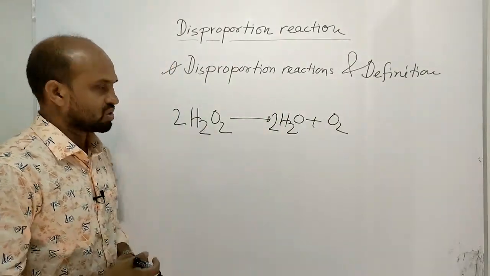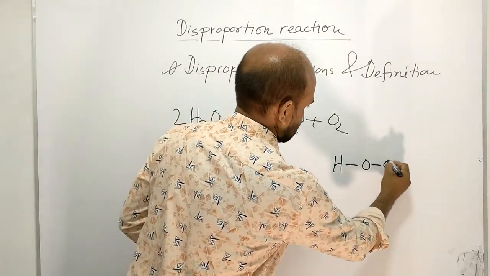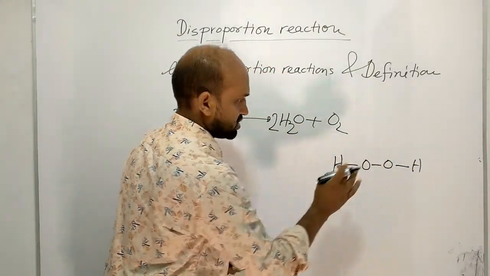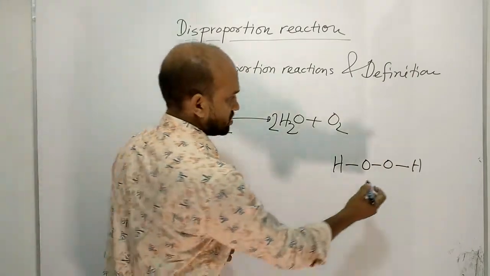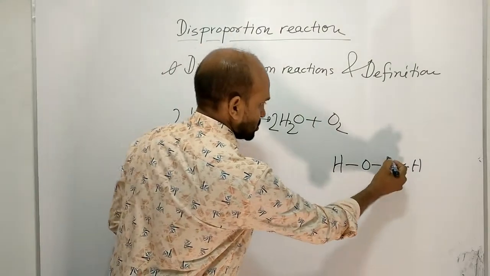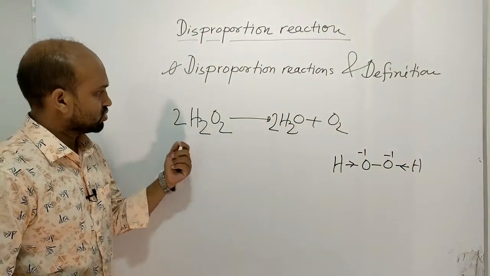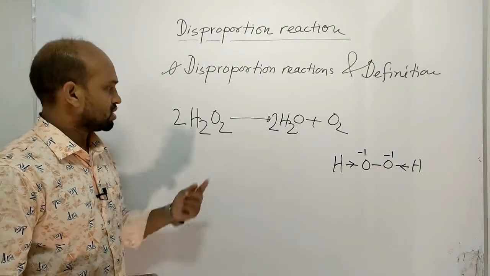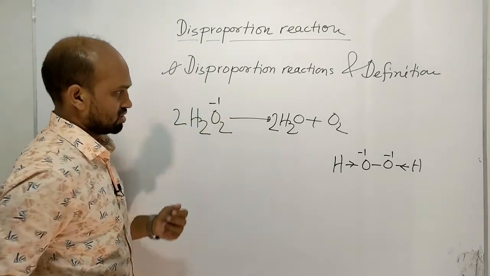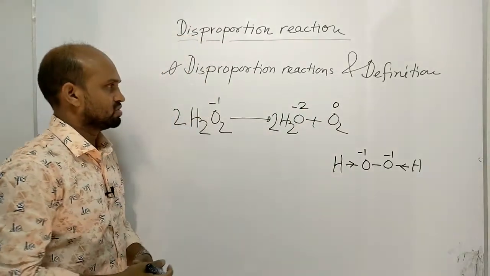Now the oxidation number of this oxygen is -1, because here oxygen's electronegativity is greater than hydrogen. Electrons will shift towards oxygen, so here -1, similarly here -1. So the oxidation number of oxygen in hydrogen peroxide is -1, here -2, and here 0.